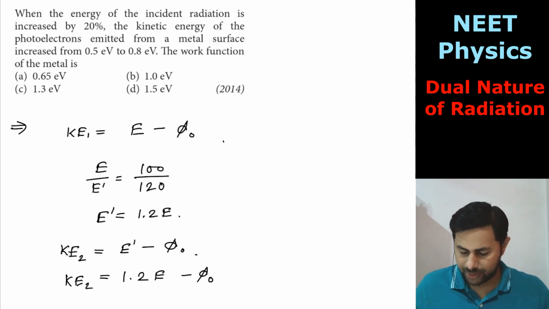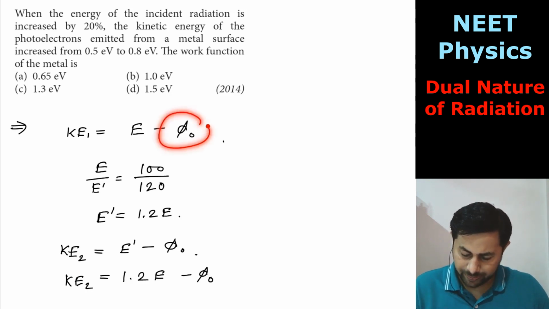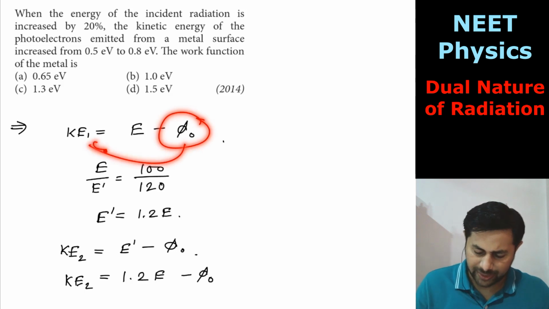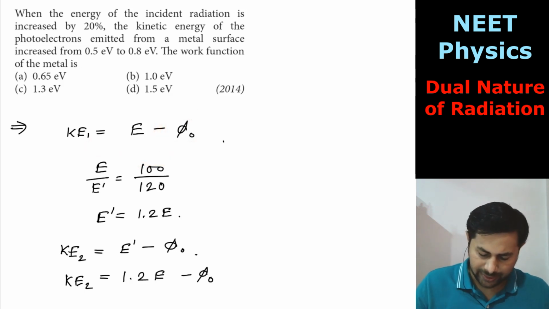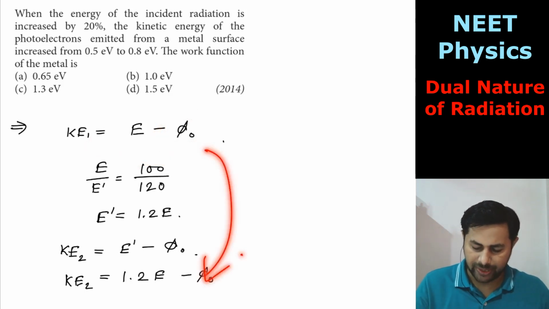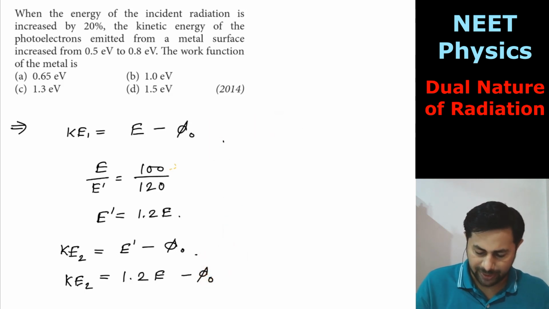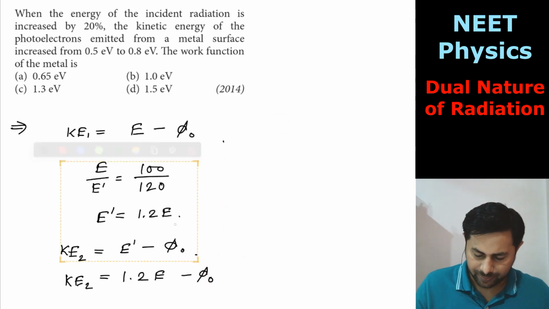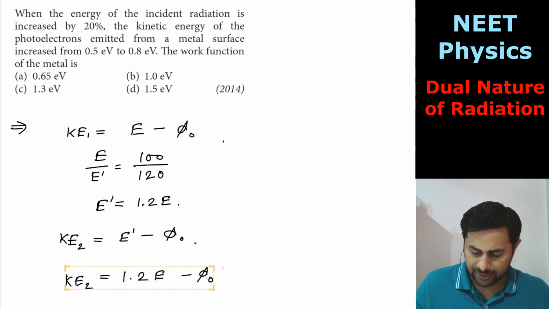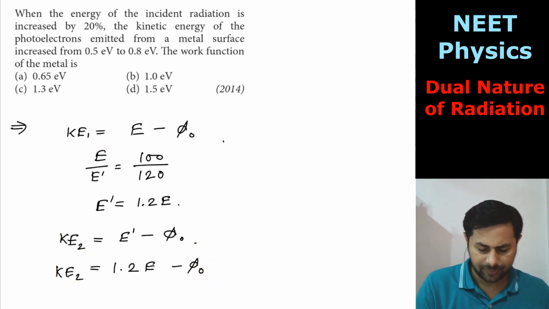Ke2. Okay, then what we can do here is move this phi naught to this side and substitute that here, or we can multiply this equation with 1.2 and then subtract the second equation from the first one.